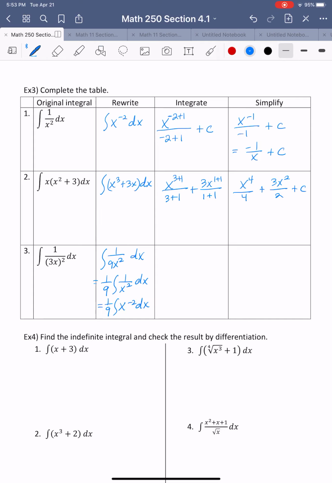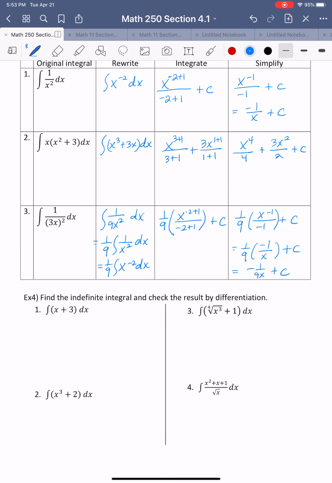Now we can use the power rule: 1 over 9 times x to the negative 2 plus 1 over negative 2 plus 1, plus c. If you simplify, you get 1 over 9 of x to the negative 1 plus c, which becomes 1 over 9 of negative 1 over x plus c, which becomes negative 1 over 9x plus c.